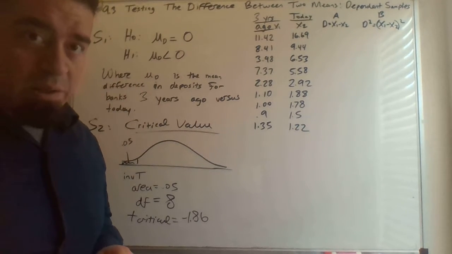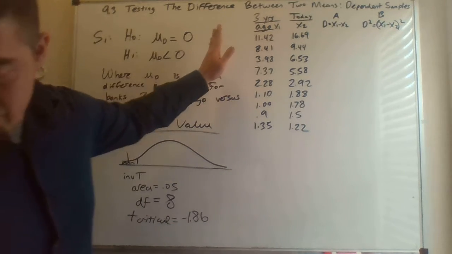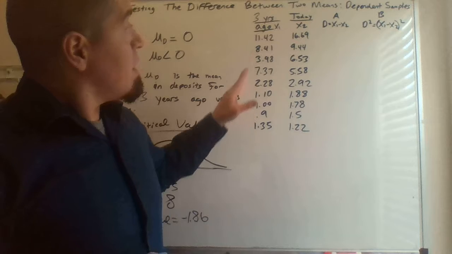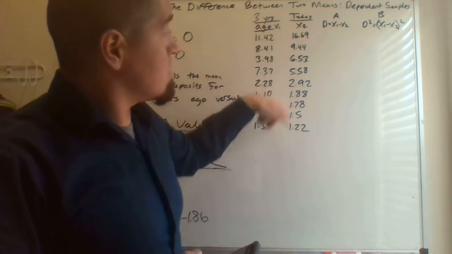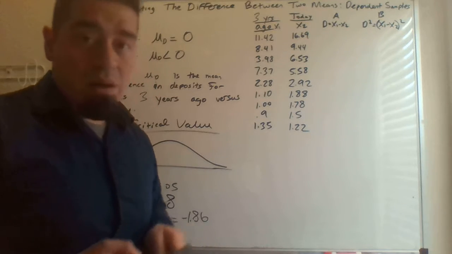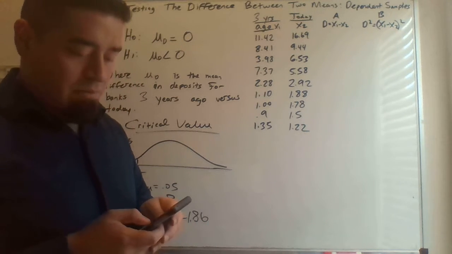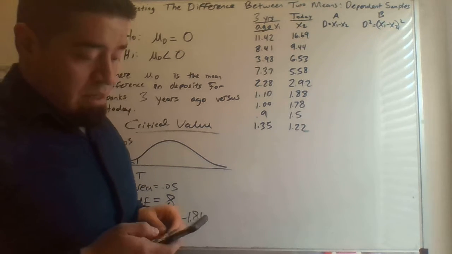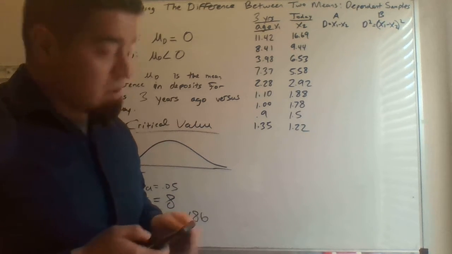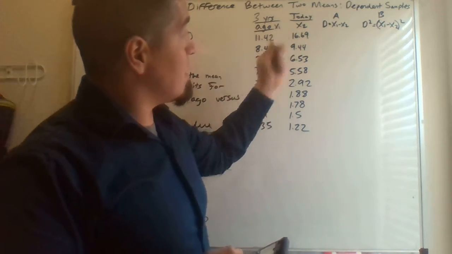For this part, I would enter 3 years ago as your list 1, and that's also x1, and x2 would go into list 2. If you want to follow along, pause the video and input that into your list. Mine's already input. Now we're going to calculate the differences between 3 years ago and today.